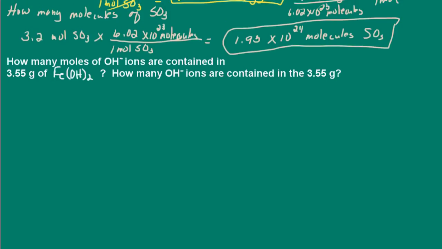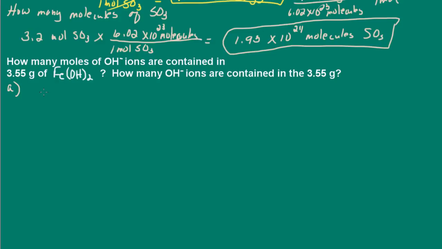Let's go on to this next problem. How many moles of hydroxide ions are contained in 3.55 grams of iron 2 hydroxide? And how many hydroxide ions are contained in the 3.55 gram sample? Let's answer part A first. How many moles of hydroxide ions are contained in 3.55 grams of iron 2 hydroxide?